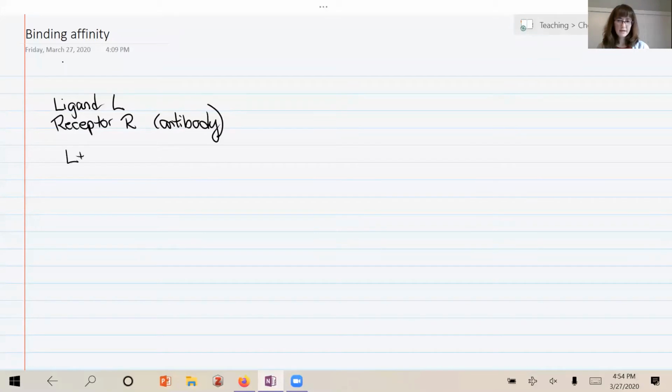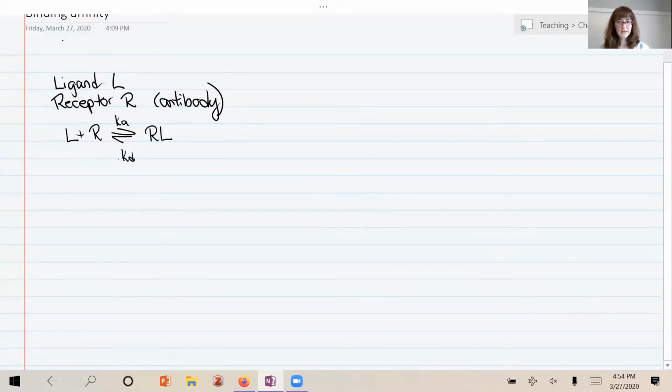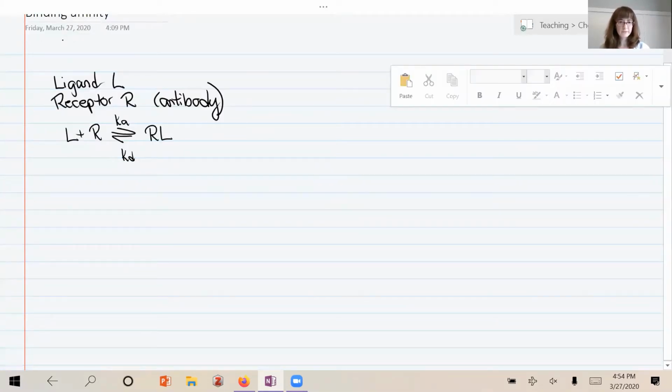So we would write that as ligand plus receptor makes a bound complex that we can call RL. And this, of course, happens at some rate, and we can write out the rate constants here with a rate of association and a rate of dissociation going backwards. And these are both little k's that we use for rate constants here. And I've written Ka and Kd for association and dissociation.